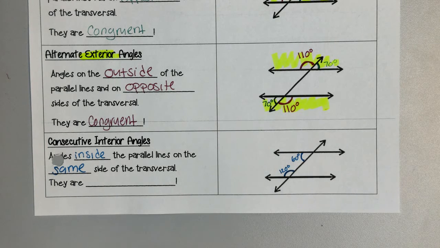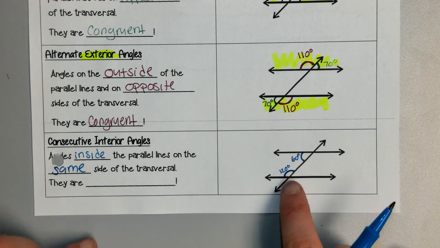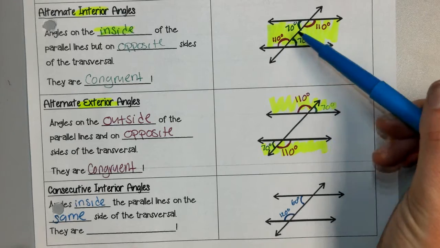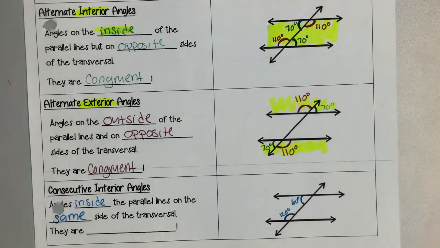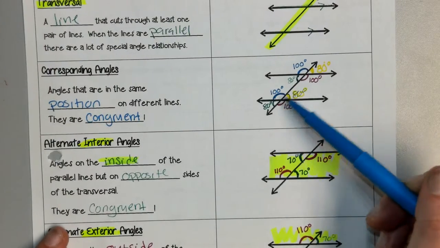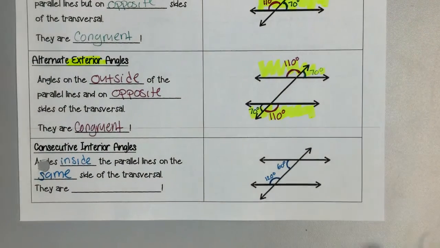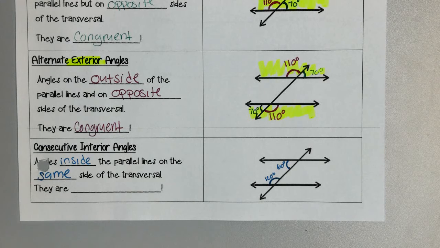Yeah, but not always. So if you look at this example, 60 and 120. If you look up here, 110 and 70. If you look way up here, 180. So what do consecutive interior angles? Yeah, supplementary.